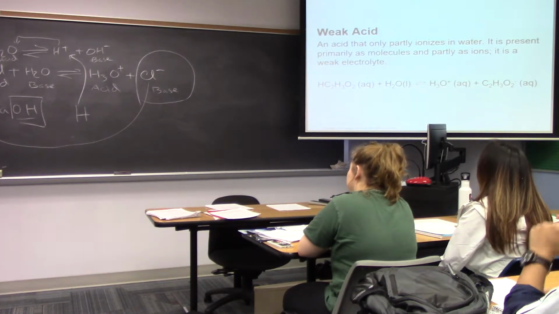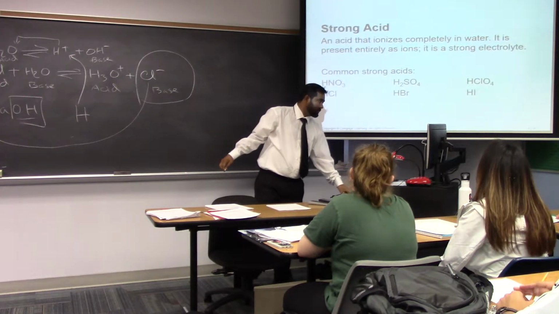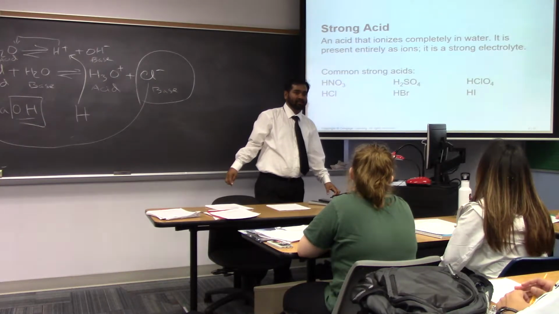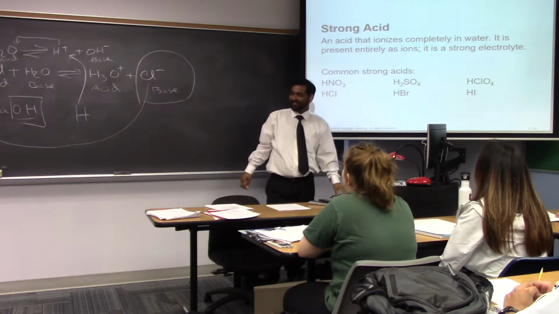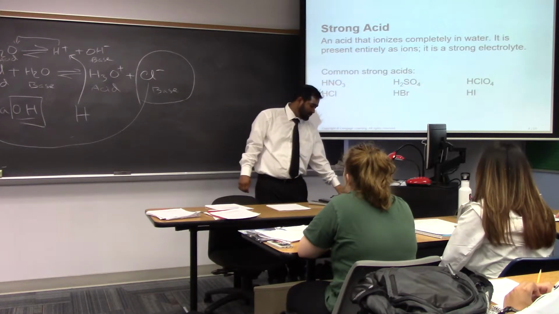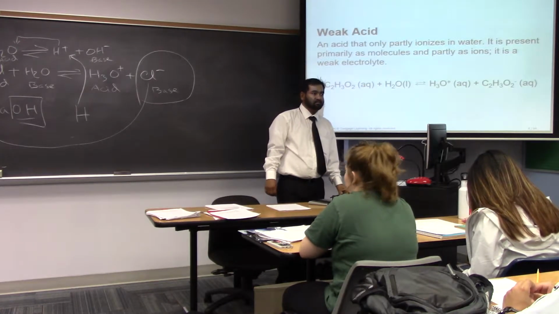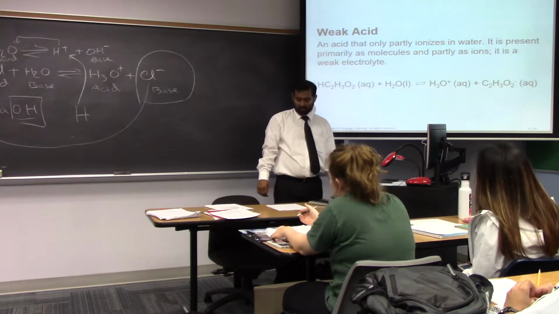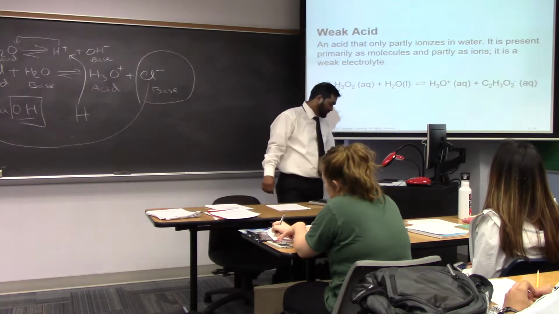So HF, is it strong or weak? How did you know it's weak? Anything that's not there. Exactly. Anything that is not in the list is going to be weak. You said we have to memorize those, right? You should memorize them. You can make a formula to memorize or just memorize them.